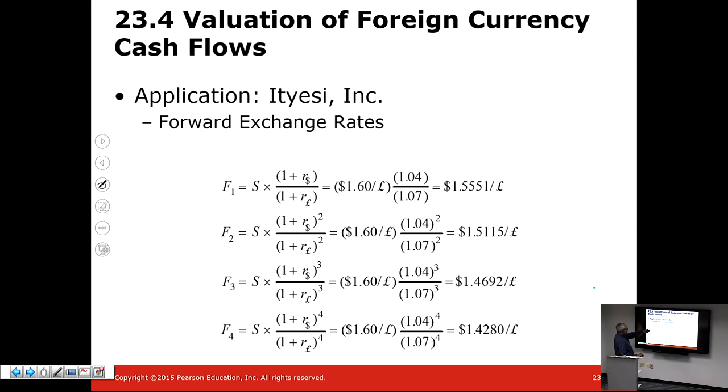So I have the 1, 2, 3, 4 year forward rates based on what? Based on the current spot rate and the term structure of interest rates. So the 3 year forward rate will be the current spot rate, times 1 plus the interest rate for 3 years raised to the power 3, divided by 1 plus the interest rate for 3 years in pounds raised to the power 3, so I get the 3 year forward rate.